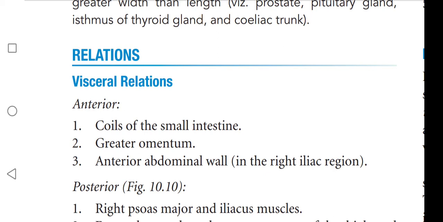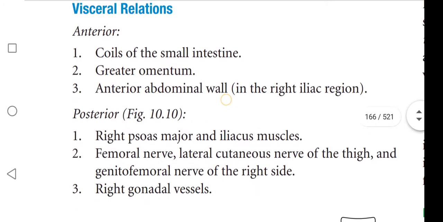The anterior abdominal wall, you may easily remember this.